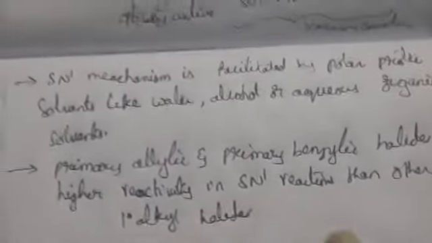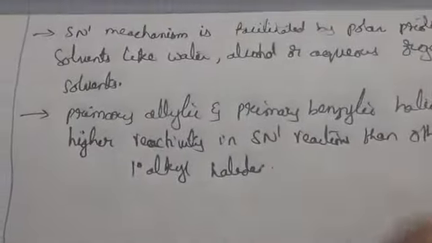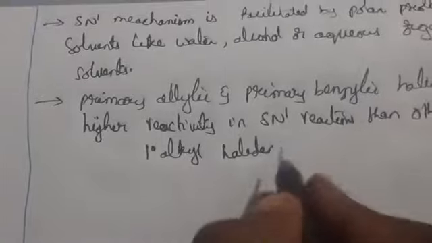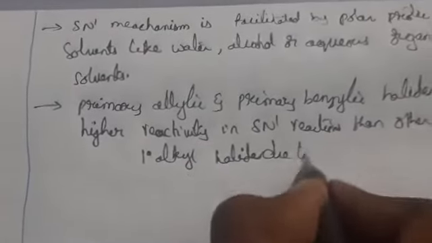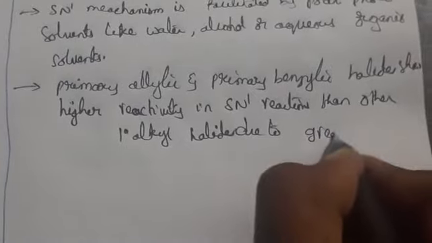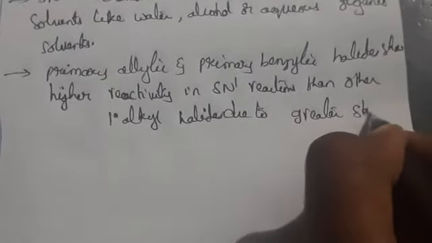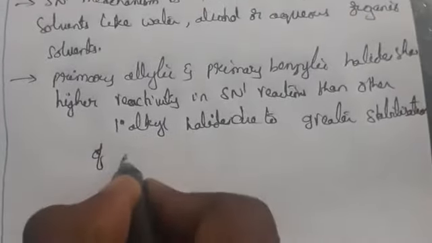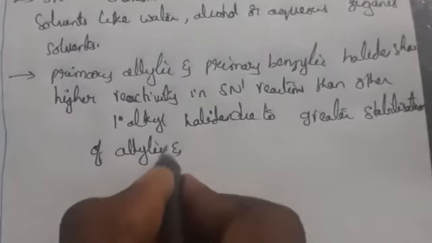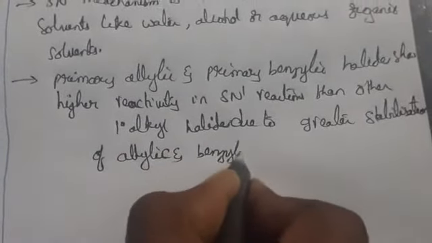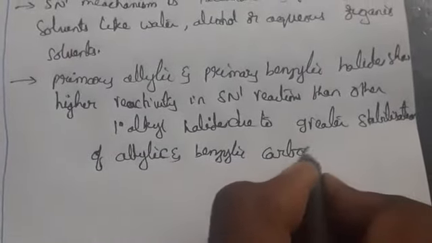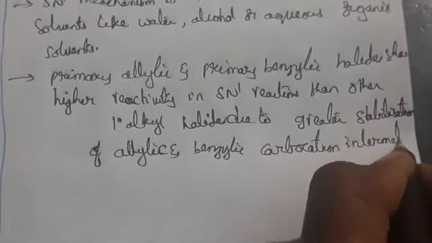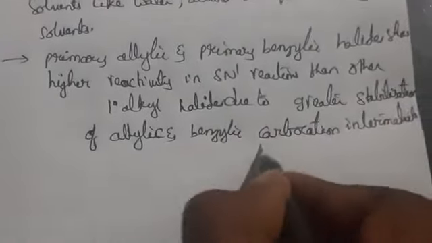So why is this happening? Because of the greater stability of allylic and benzylic carbocation intermediates, which are formed by resonance. Because of that reason, greater stabilization of allylic and benzylic carbocation intermediate by resonance.